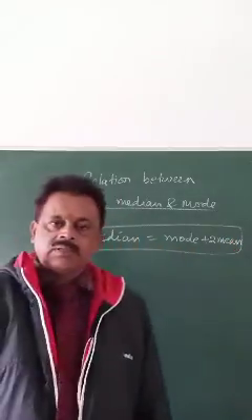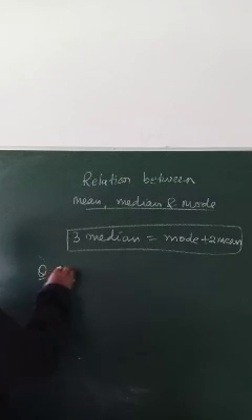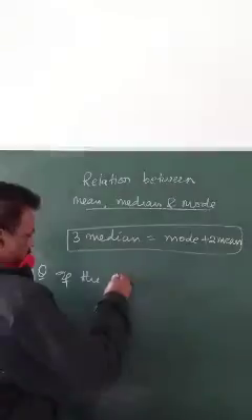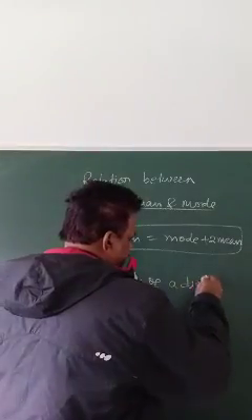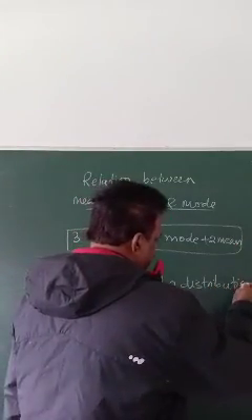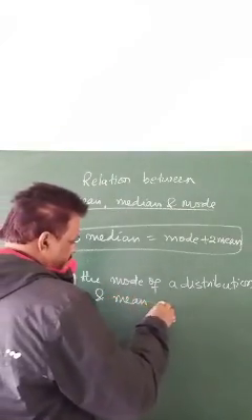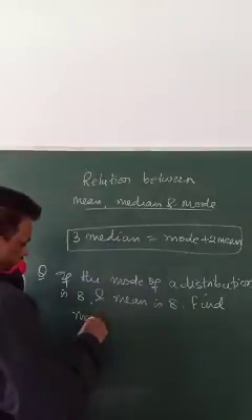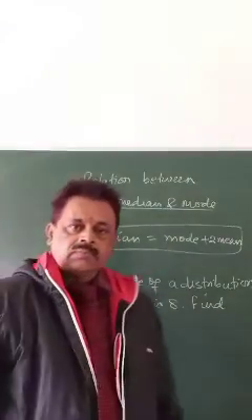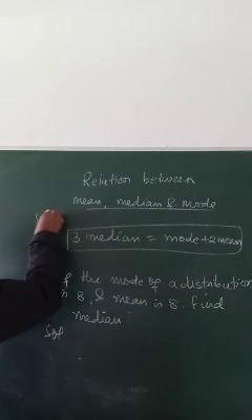Short question. Okay, so let's take a question. If the mode of a distribution is 8 and mean is 8, find median. Okay, so let's put the values. Solution I can write here.